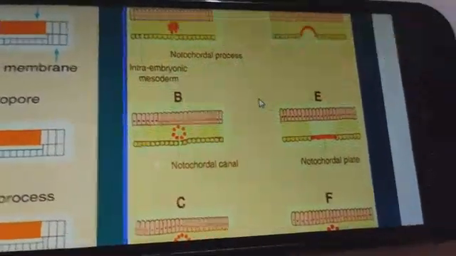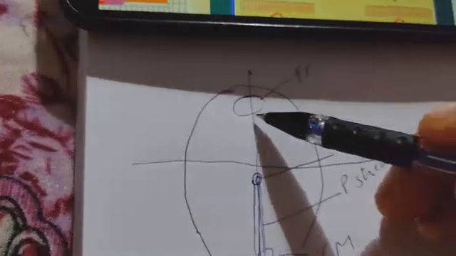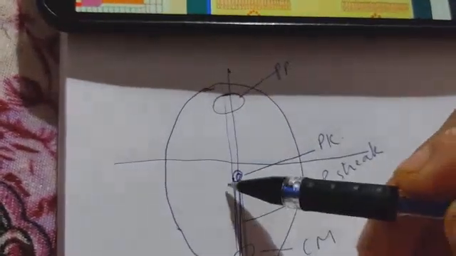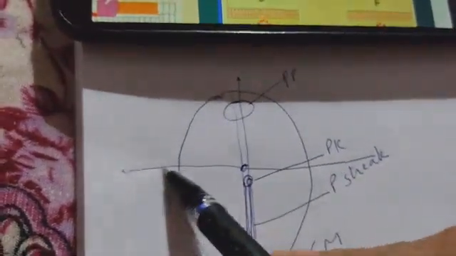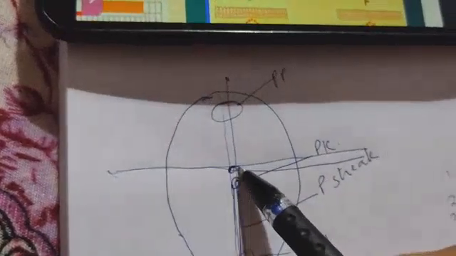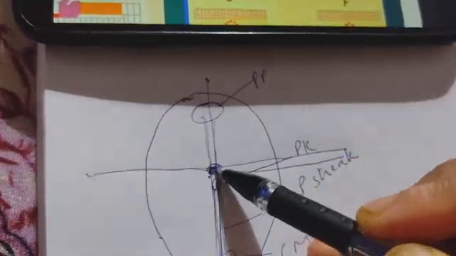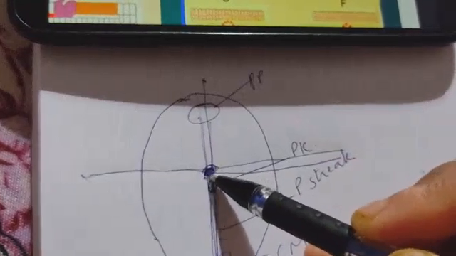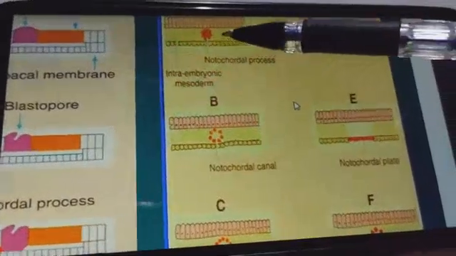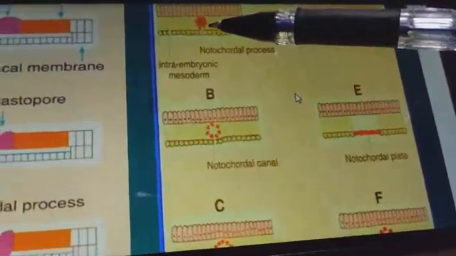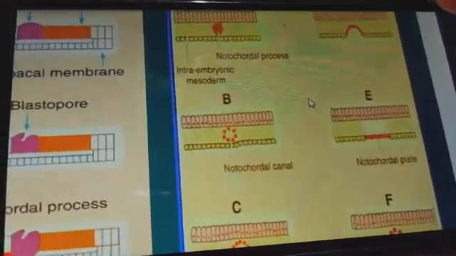So this will be the notochord, because the notochord passes all over here. So at this point, when we take a horizontal section, it will be only like a small dot, a circular thing. So this is our notochordal process in the intraembryonic mesoderm.